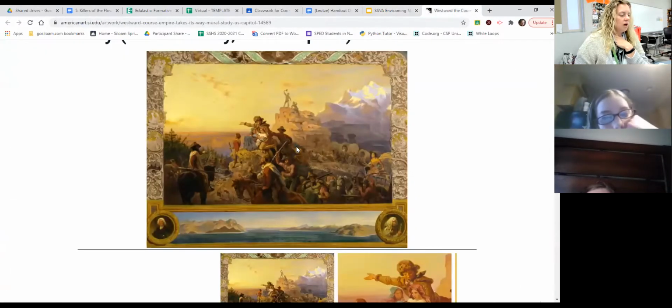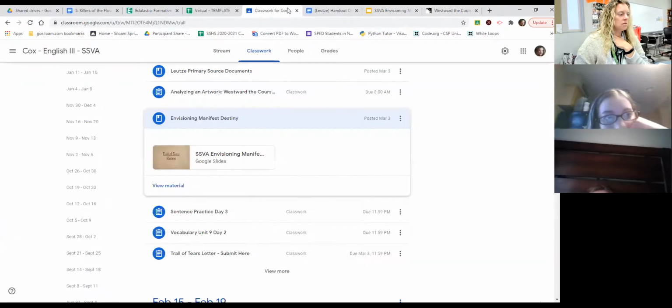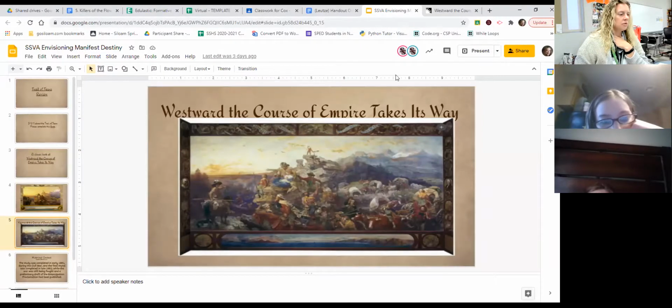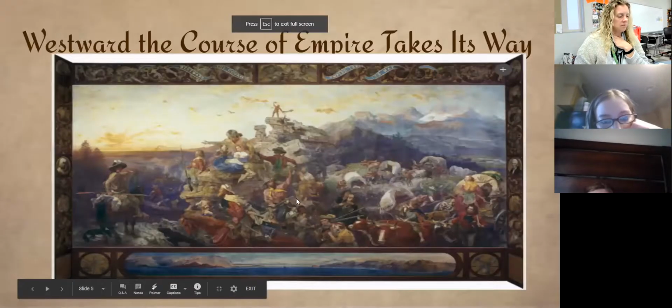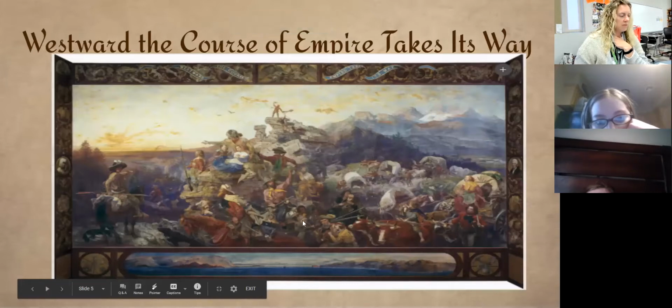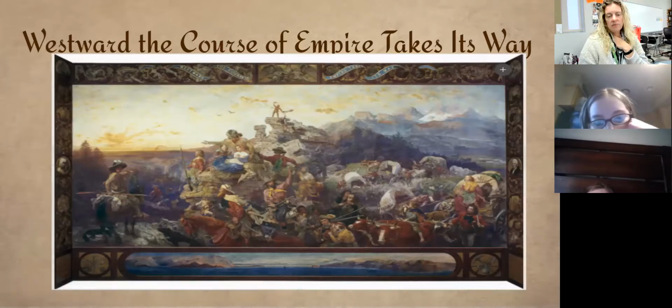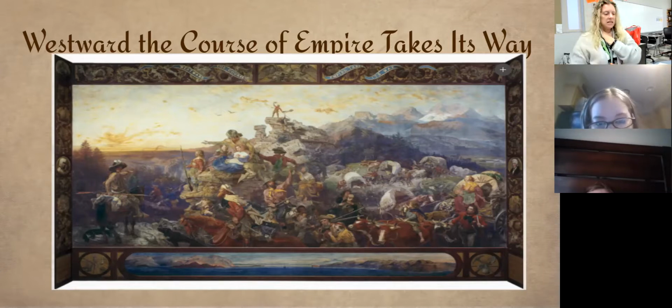This one only shows white men. This one shows white men, and this one shows slaves, shows the freedmen, slavery, men of color. So you need to be specific in relation to history. You're analyzing artwork, so you're being specific about what you're looking at.